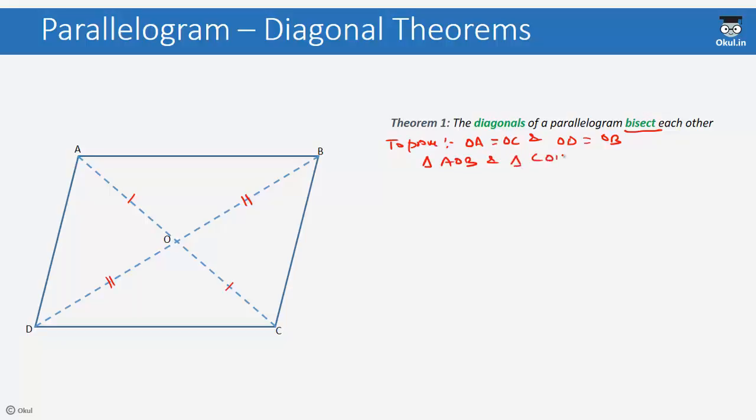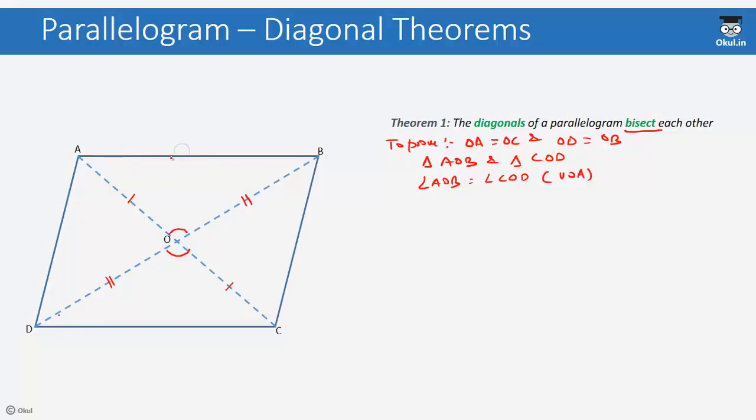then I can say that angle AOB should be equal to angle COD because these are a pair of vertically opposite angles.